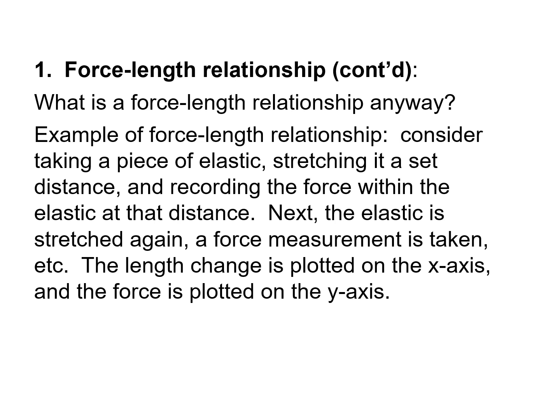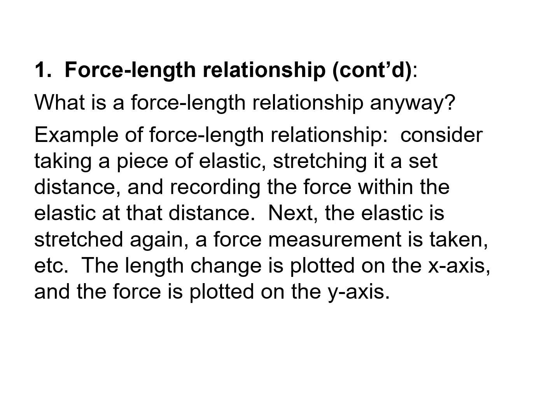An example of a force-length relationship: consider taking a piece of elastic, a rubber band, and stretching it a set distance. Then you record the force within the elastic at that distance. Next, take the same rubber band or elastic and stretch it again, a little bit further, and measure the force at that new distance.